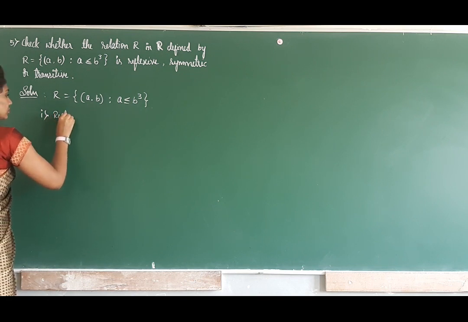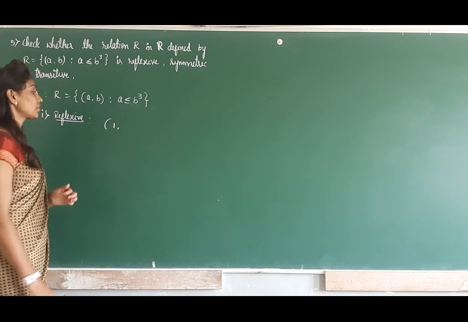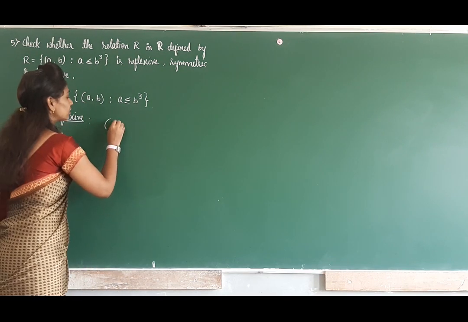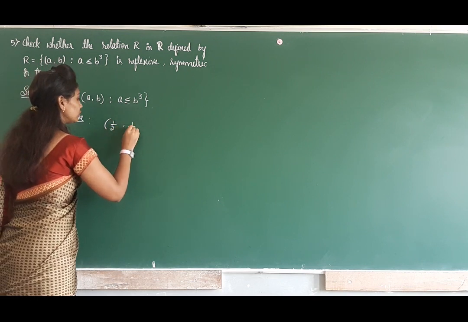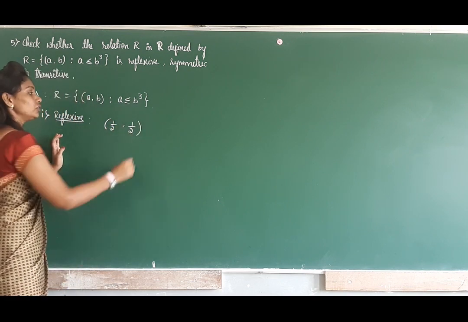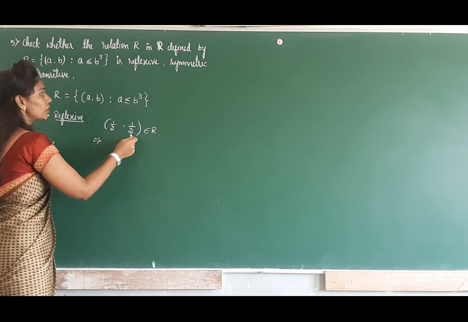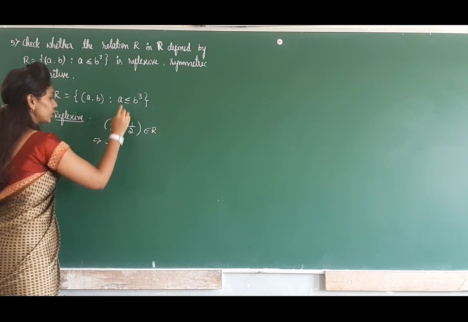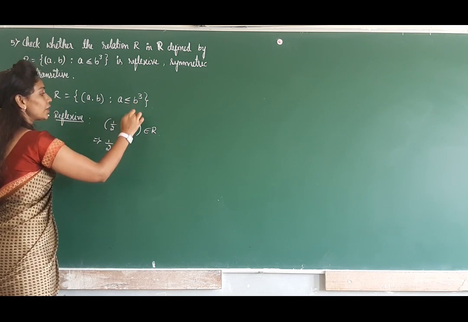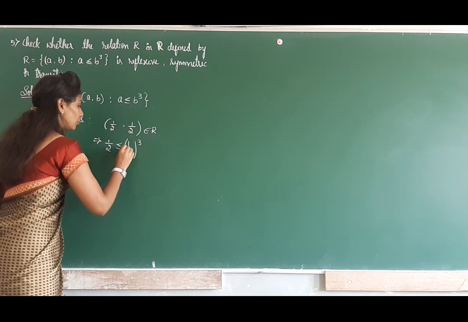First, reflexive. For reflexive, we have to take an element, (1/2, 1/2) belongs to R. This implies, applying this relation, the a value is 1/2, less than or equal to the b value, which is also 1/2, that is (1/2) cubed.